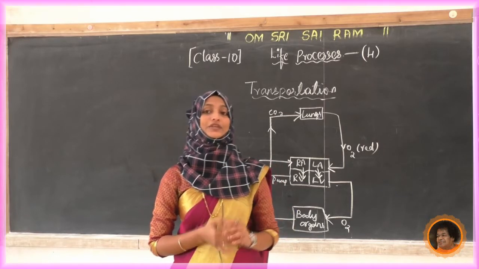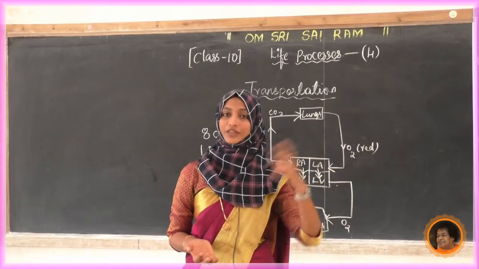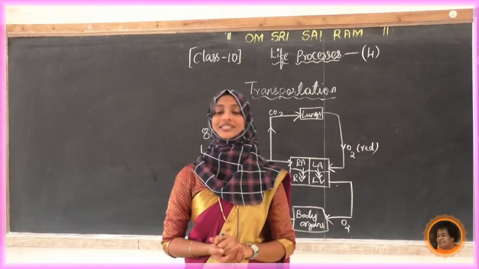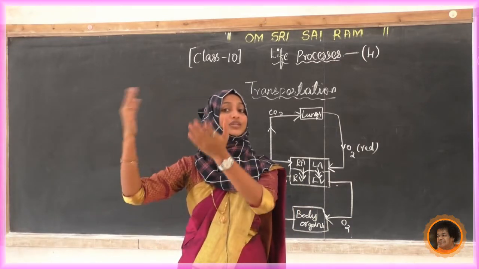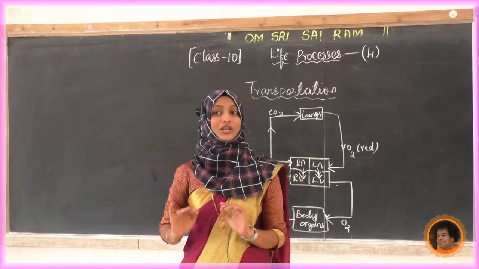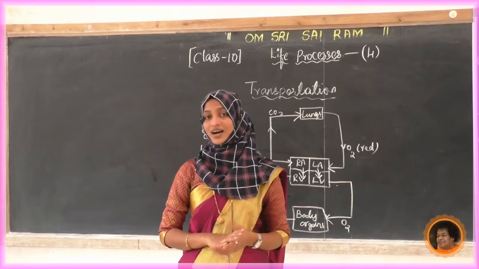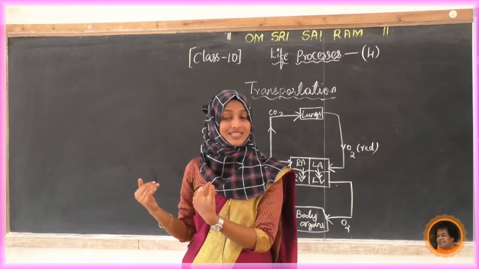Yes, then we come to know that from different parts of the body we are getting deoxygenated blood, and it goes to the lungs. So there is a connection between the lungs and our heart. The lungs give back oxygenated blood.